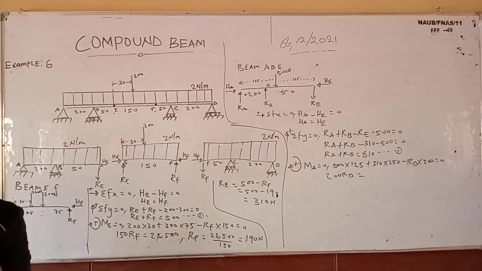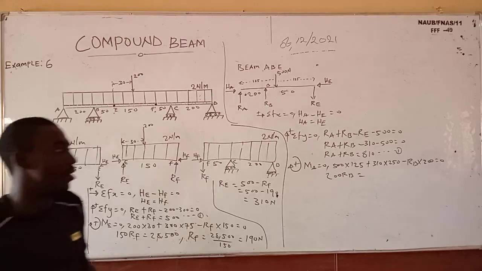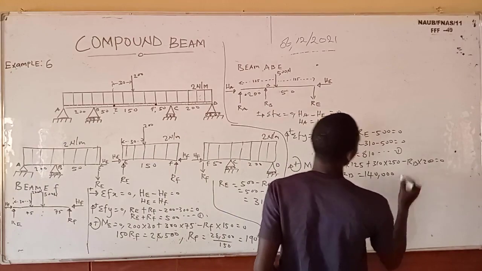500 times 125 plus 310 times 250. Yes, that is 140,000.